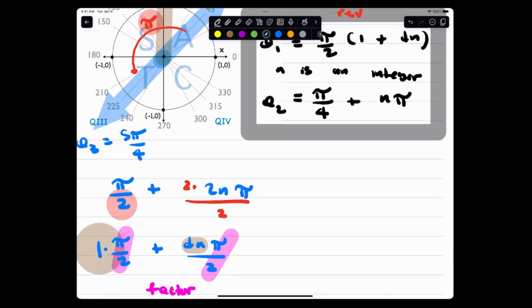Let's do the next one. Let's go through the process, right? You take pi over 4 plus n pi.